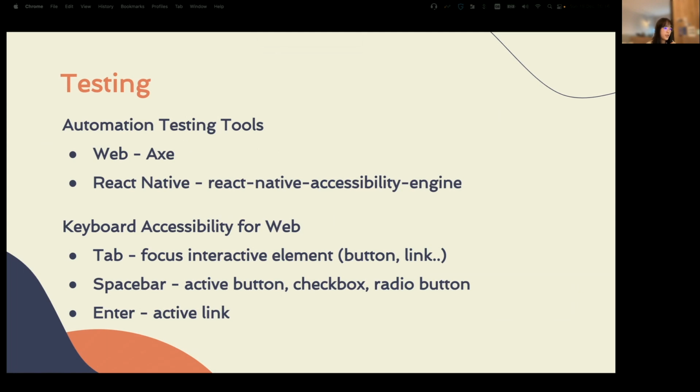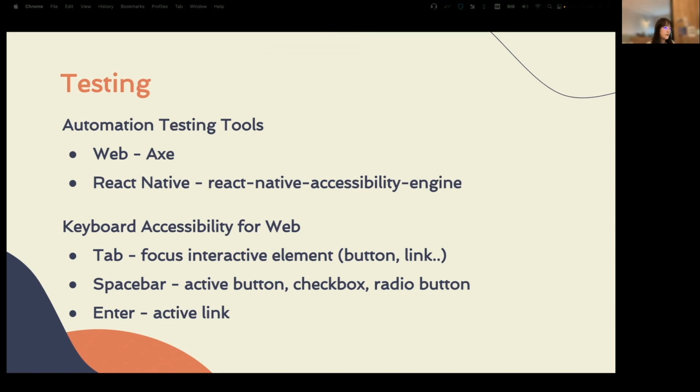And there are also some automation testing tools, such as axe for web and React Native Accessibility Engine for React Native. I use this one and I recommend it. It's really nice. It catches things we can miss, and tells us how to fix the label and role.